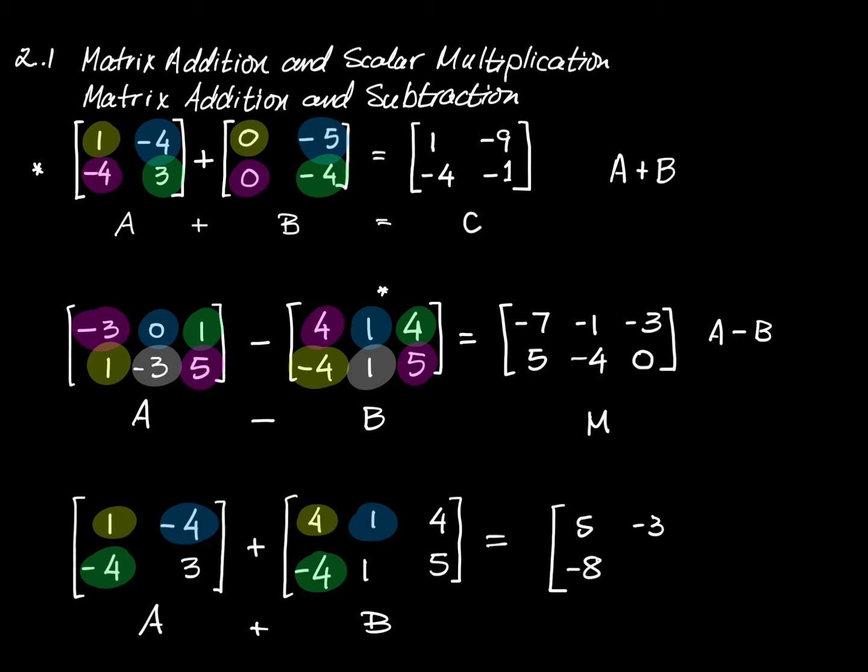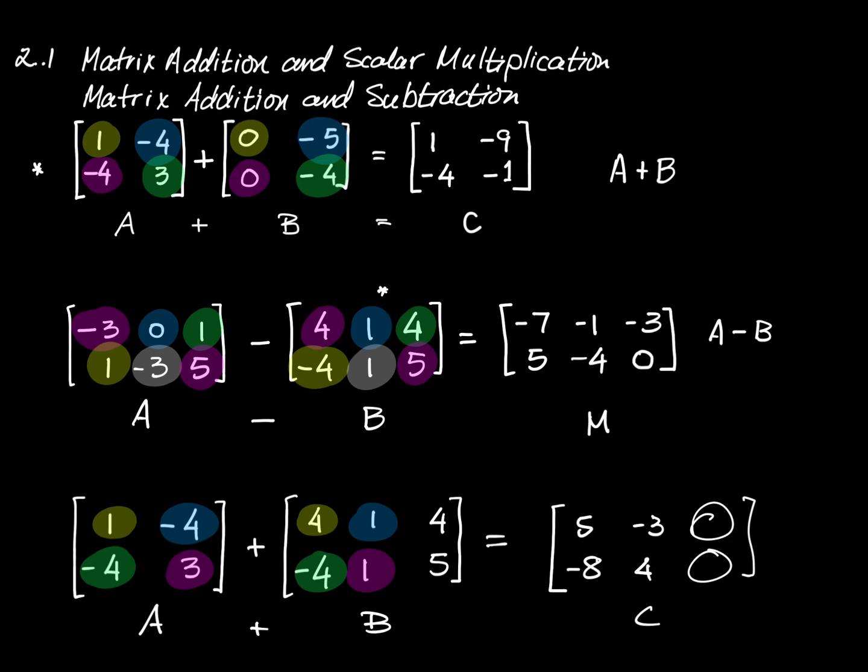Second row, second column, 3 plus 1 is 4. No problem there. The issue now is that I have no third column here in matrix A to add to my third column in matrix B. So there is no way to get the entries that should go here and here in matrix A plus B, or matrix C, right? There's no way to do this matrix addition.